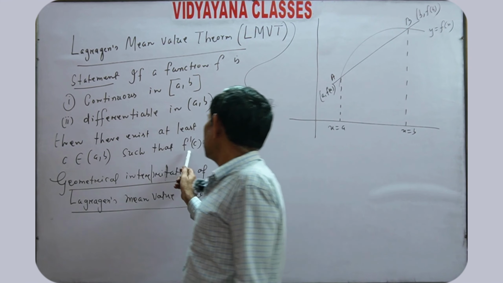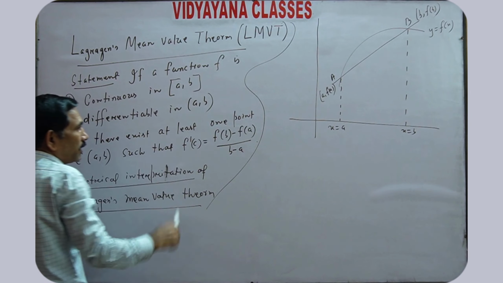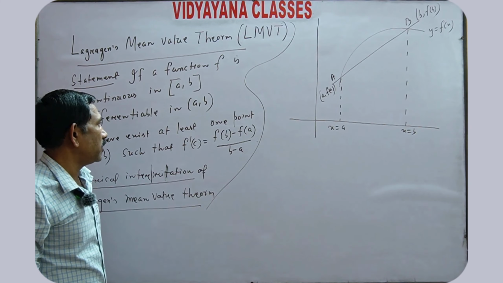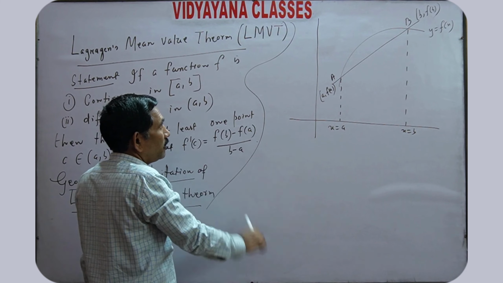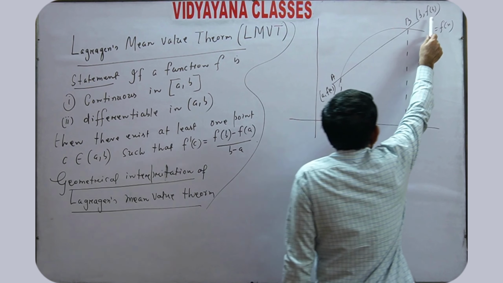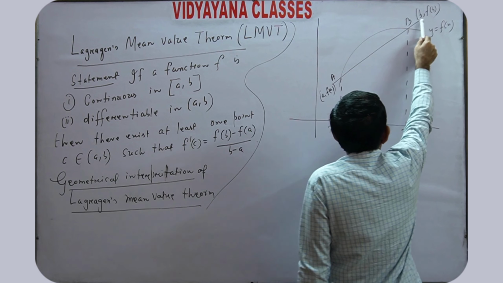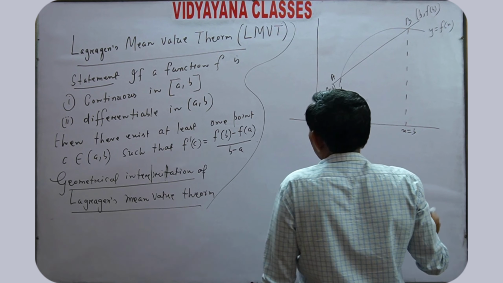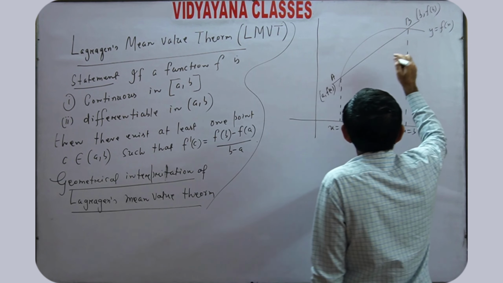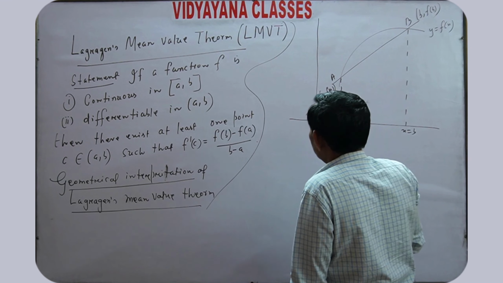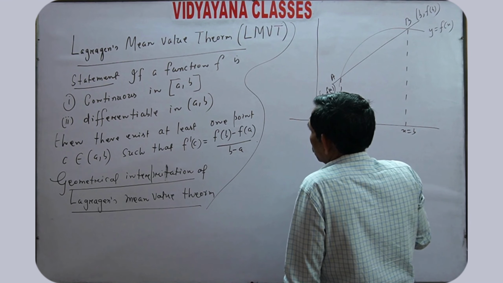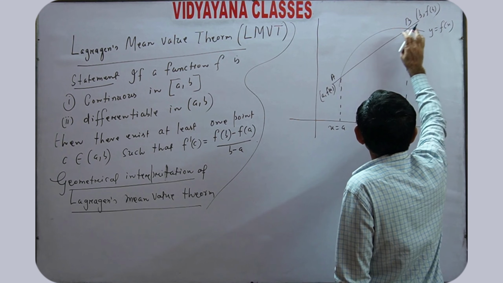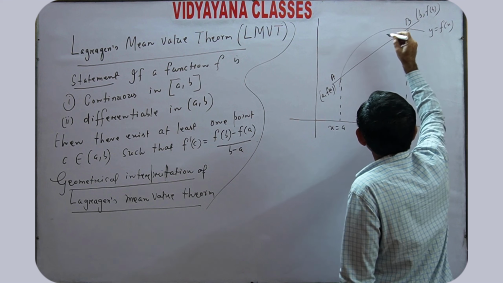f dash c means derivative at x equal to c, that is slope of the tangent to the curve at the point c, which is equal to f(b) minus f(a) divided by b minus a. That means slope of the chord joining a and b is equal to f dash c, that means slope of the tangent. Slope of the tangent and the slope of the chord are same, that means parallel.